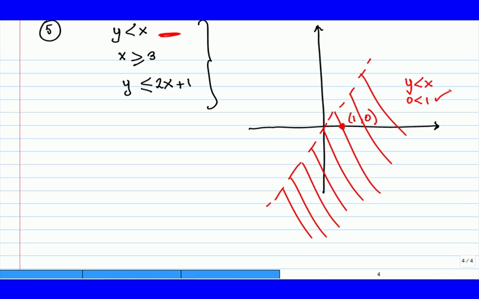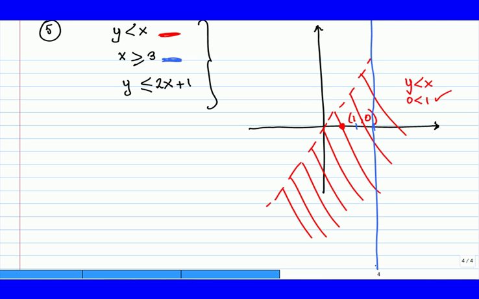Now, I got that red done. So let's do this one. X greater than or equal to 3. What the heck does that look like? X greater than 3, so that is 1, 2, 3. So that is a vertical line, yes? Since it has equal, you have to have a solid line, right?